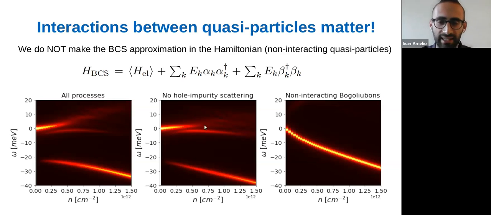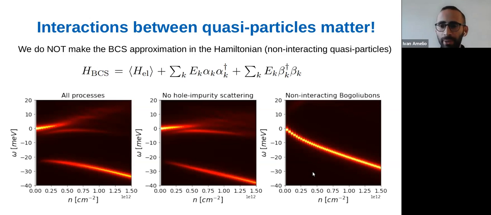And I see that I get not a big difference, and this is usually the same thing that happens with the Fermi polaron. The hole, in particular at low density, has no phase space, so it can't really scatter. More interesting is the third panel.